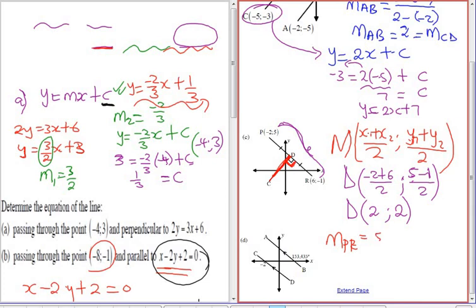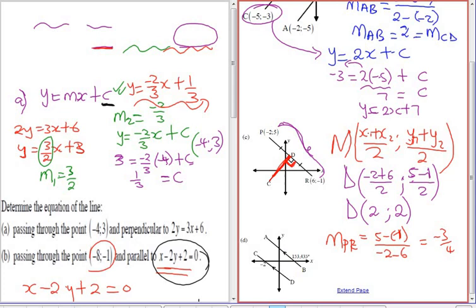I'm going to say it's 5 minus 1, negative 1 there, divided by negative 2 minus 6. Well, as we can see, it is going to just be negative 3 over 4 eventually.